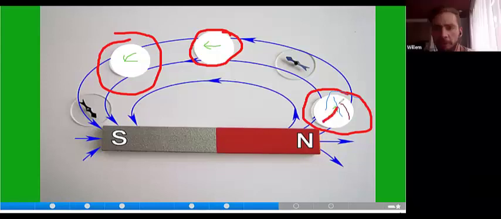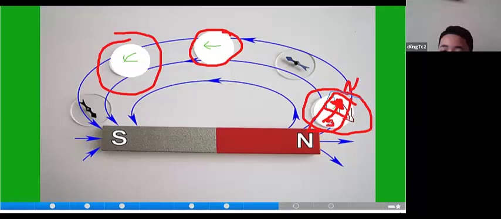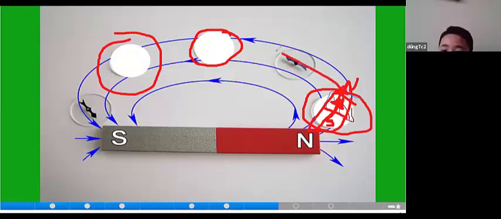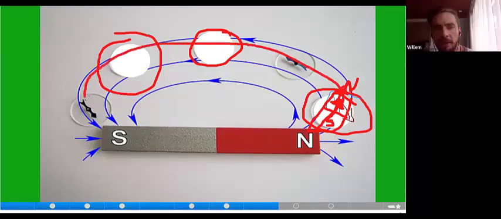But this one would align with the magnetic field. Now, if this is a bar magnet, remember, this is going to be north and this is going to be south. And it wants to point away from the north. It shows you the direction of the magnetic field. Okay, do you understand? Yes.